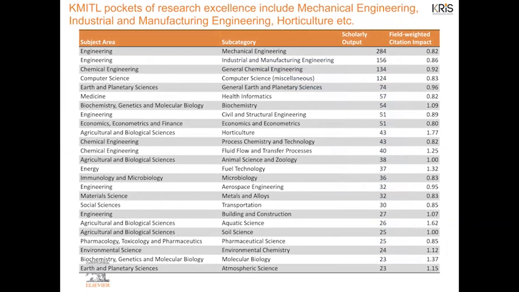So some key pockets of excellence are mechanical engineering, industrial and manufacturing engineering, biochemistry, 9% more citations than world average, horticulture, 77% more citations than world average, fluid flow and transfer processes, 25% more citations than world average, fuel technology, 32% more citations than world average. So these are a number of disciplines in which your papers are relatively highly cited.